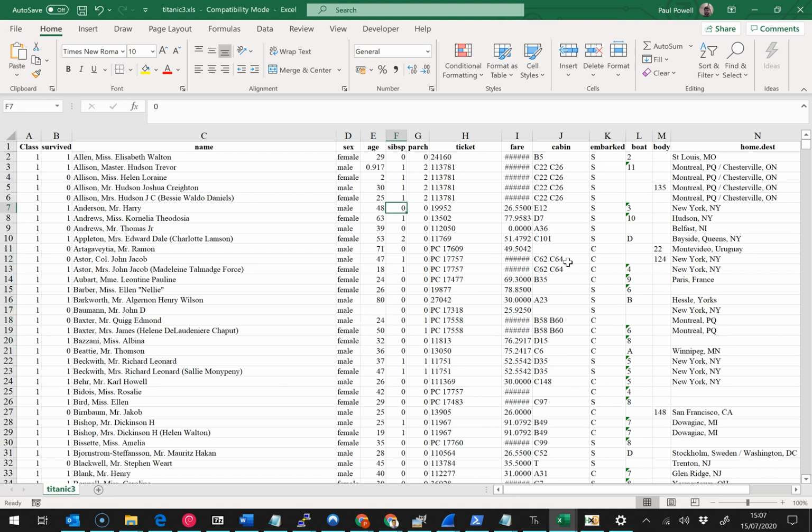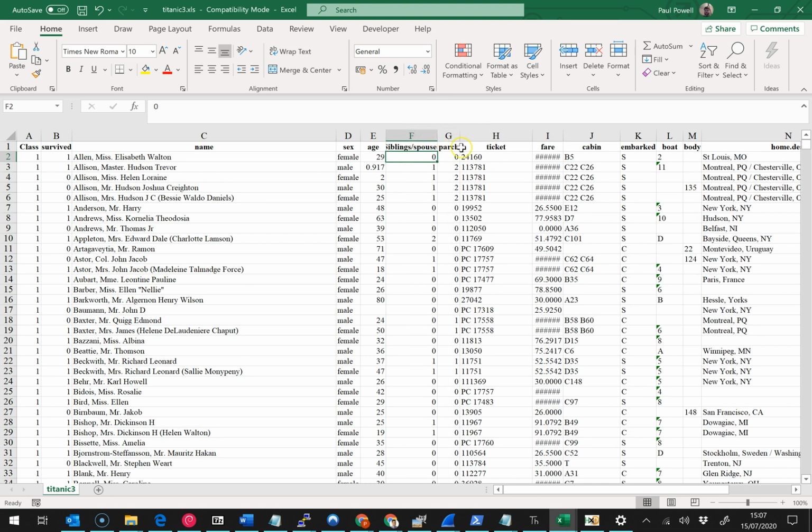Now the next one is a bit cryptic. So I'm going to change the names. This is siblings, which is brothers and sisters, / spouses, husbands and wives, and we kind of have to guess with the data which one that is.